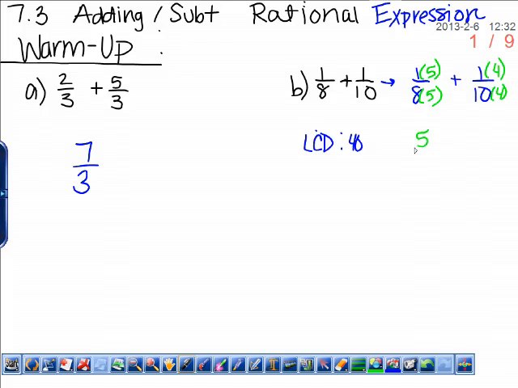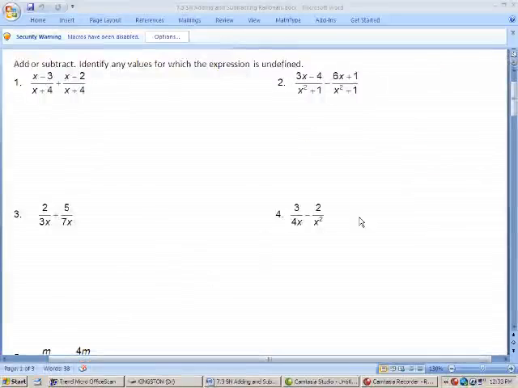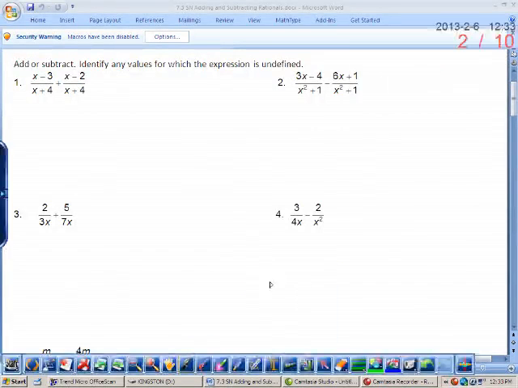So I end up with 5 over 40 plus 4 over 40, which gives me 9 over 40. So this is our process. We're going to come up with our LCD, and then we're going to multiply by what's missing and combine like terms. Okay? All right. So our instructions are to add or subtract, and you're going to identify any values for which the expression is undefined.